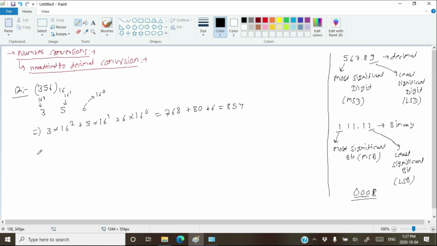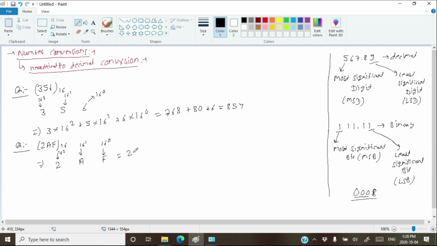Now let's see the question number 2. The question number 2 is to convert 2AF which is given in the hexadecimal number to the decimal number. So what you do here, write 2AF, assign them weights 16 to the power 0, 16 to the power 1 and 16 to the power 2.